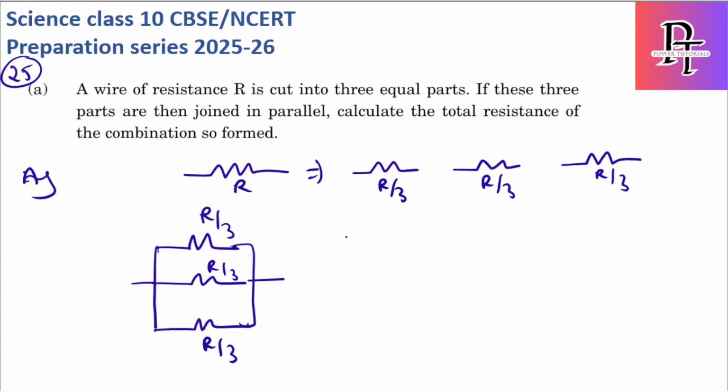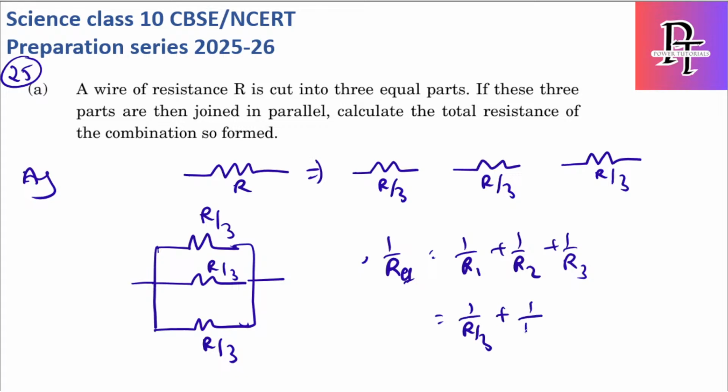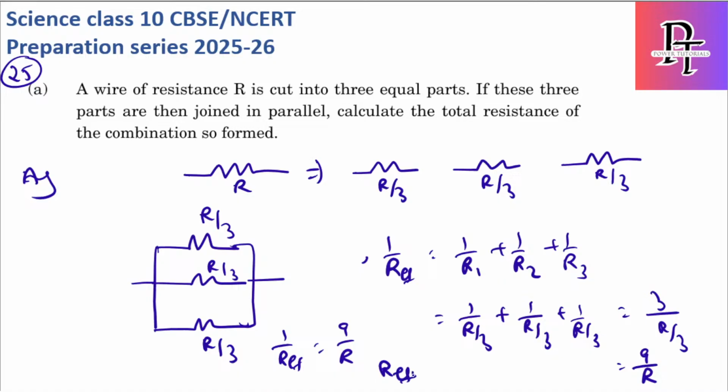For a parallel connection, the formula is 1 by R effective is equal to 1 by R1 plus 1 by R2 plus 1 by R3. Here all are the same, so 1 by R by 3 plus 1 by R by 3 plus 1 by R by 3, which is 3 by R by 3, which is 9 by R. So 1 by R effective is equal to 9 by R, and R effective is R by 9.